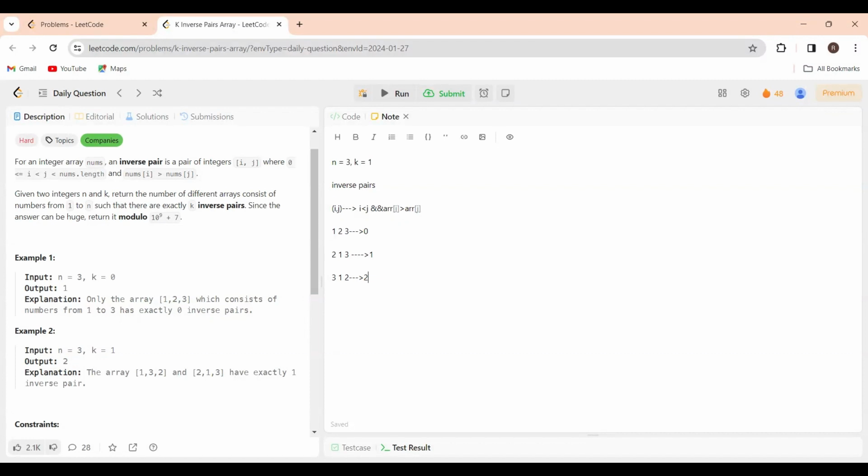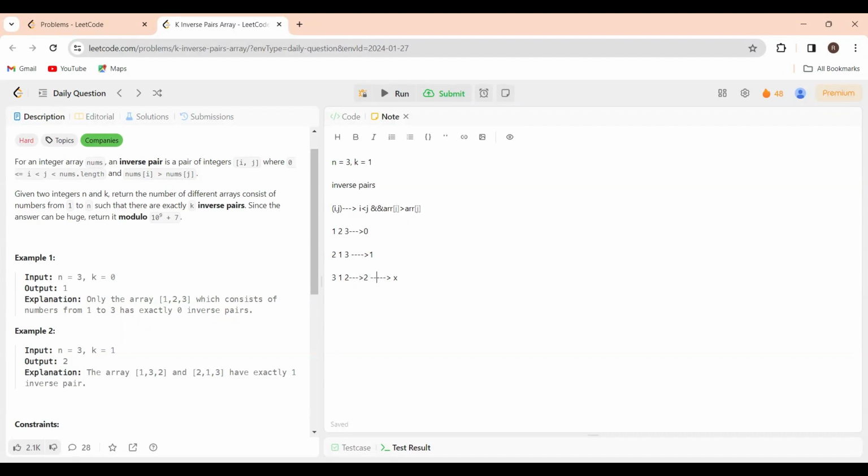If we make two inverse pairs, this is not a valid answer, right? So we should not consider this, because it is making two inverse pairs. This type of condition we must ignore here.